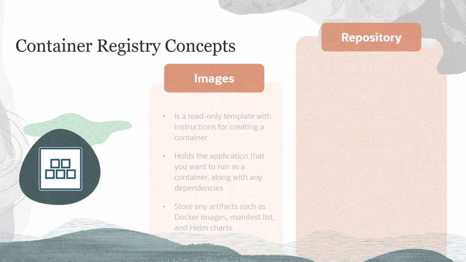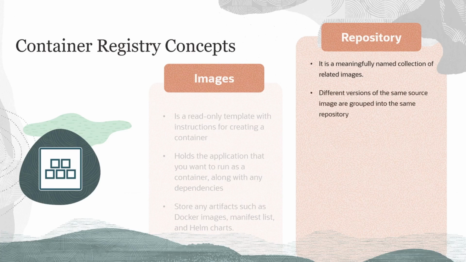Let's understand what is a repository. It's a meaningfully named collection of related images which are grouped together for convenience in a container registry. There are different versions of the same source image which are grouped together into the same repository. For example, as you can see, we have a repository called Mahindra_project/Acme web app.